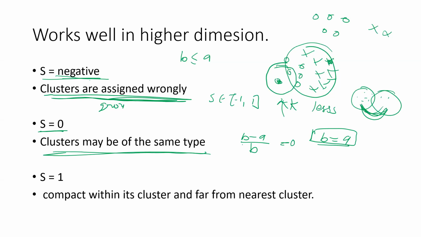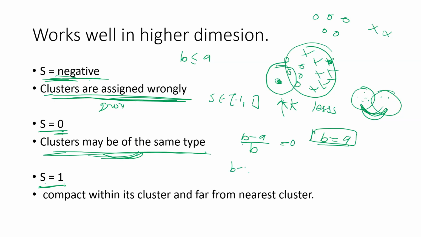So do you want S to be close to 0 or not? You definitely do not want S to be negative. You don't want S to be close to 0 as well, because in this case the clusters may be of the same kind. What you actually want is S to be close to 1. So what happens when S equal to 1?